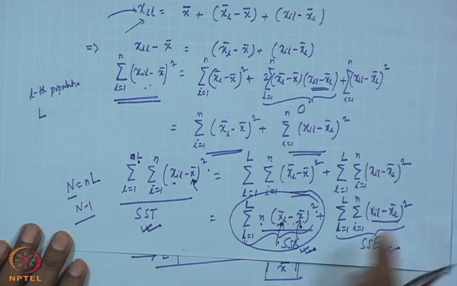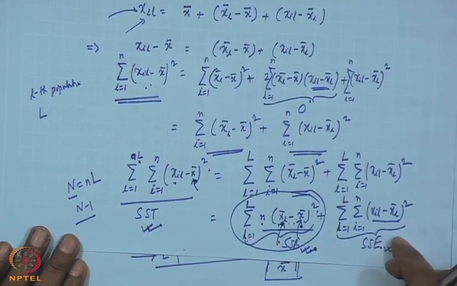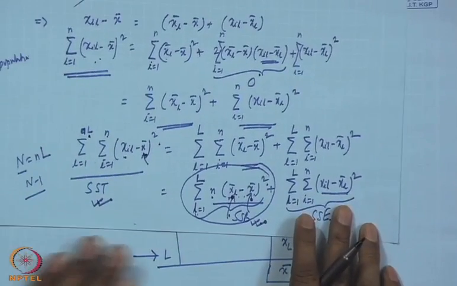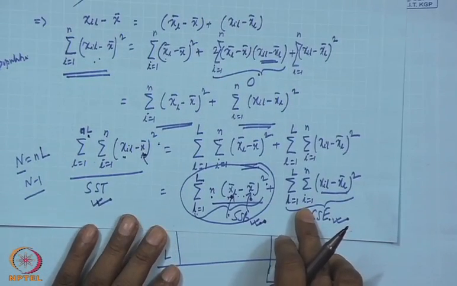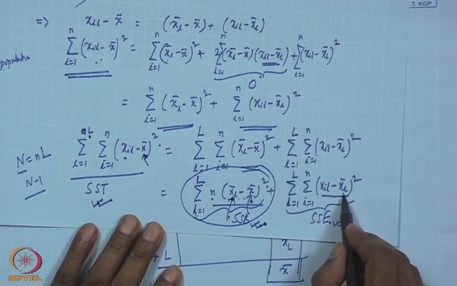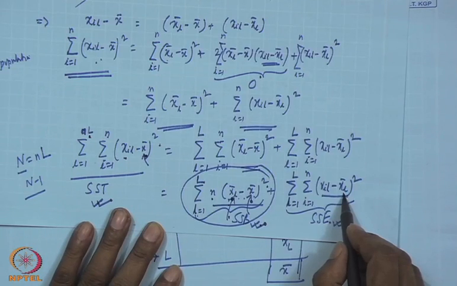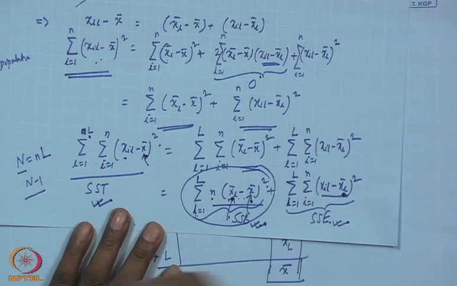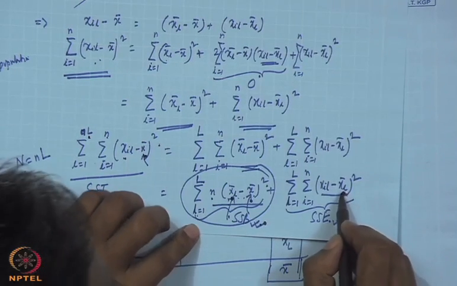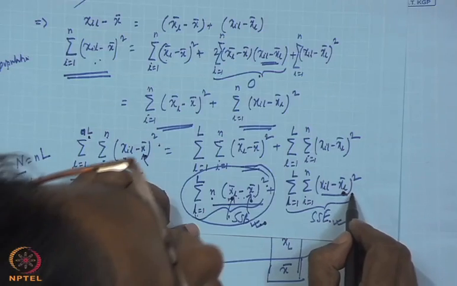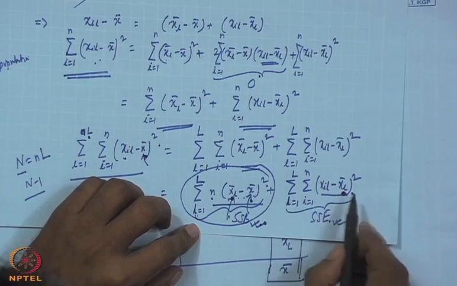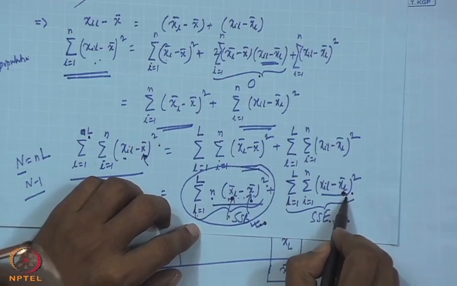For this portion, see how many XL bars you have computed: XL bar is for the L number of populations. So, the total is n minus L. To compute this, you require all those XL bars.